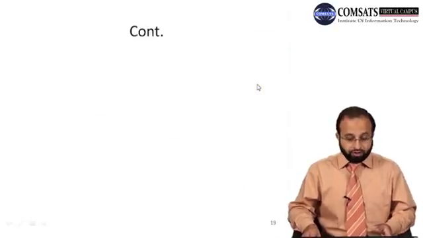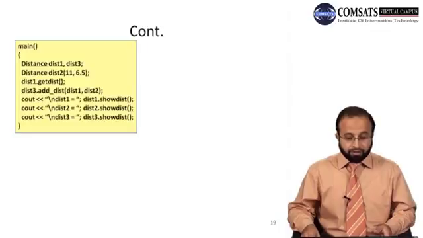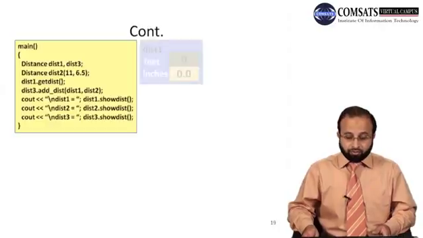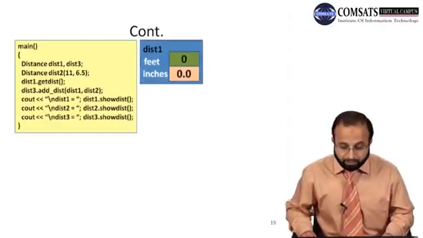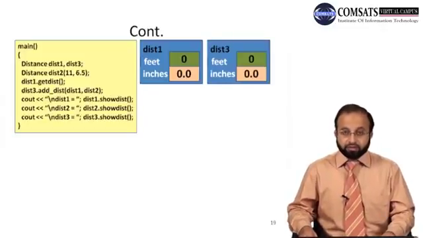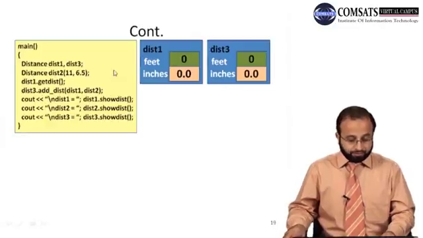Let me show you a simulation. So this is the main function. The first statement is the creation of 2 objects, that is dest1 and dest3. So these 2 objects are created inside the memory and initialized with the value 0 and 0, and this is the dest3 object, right? And then the second statement.